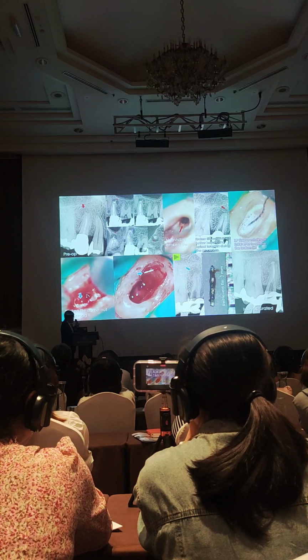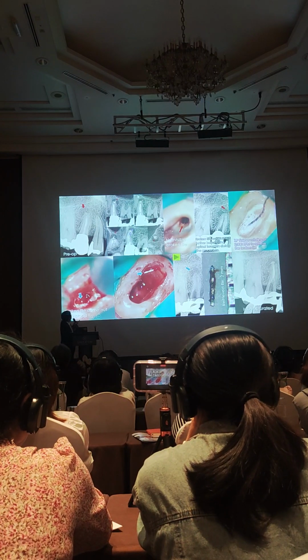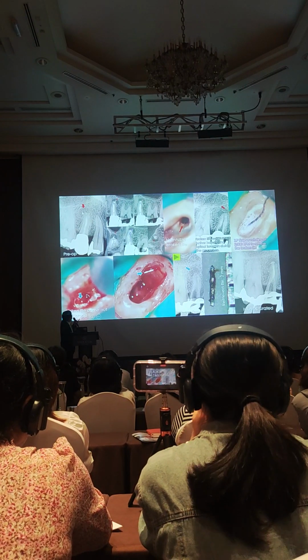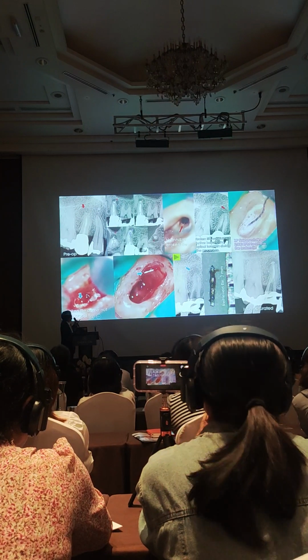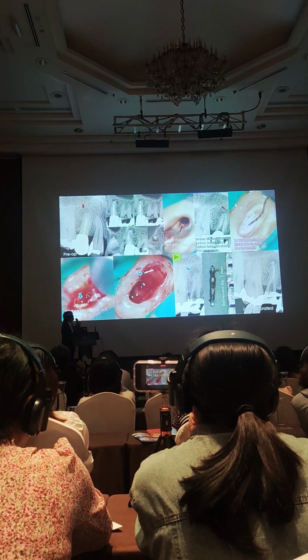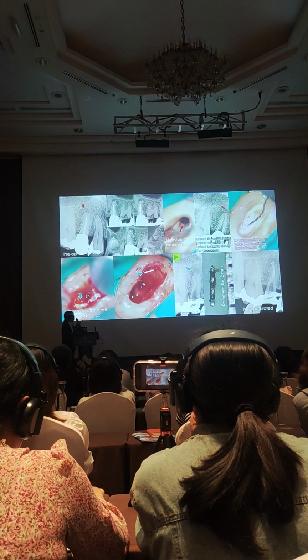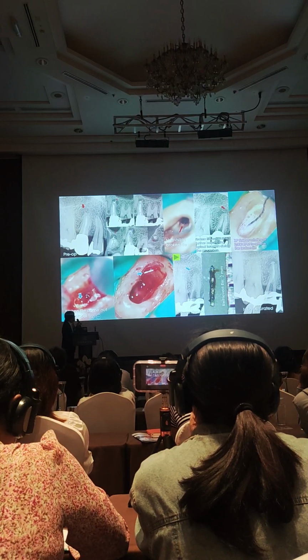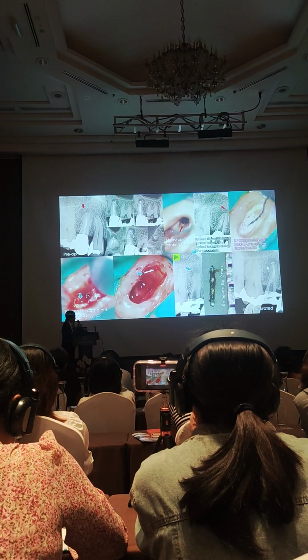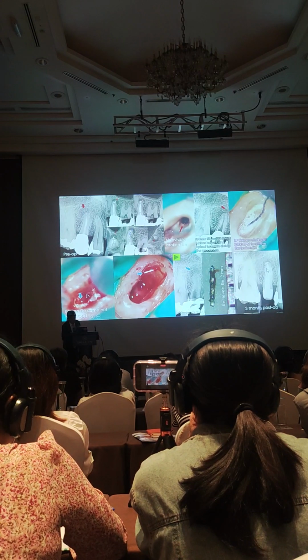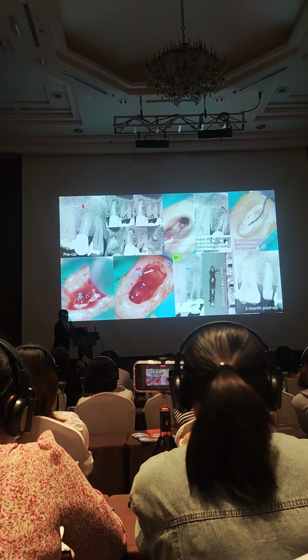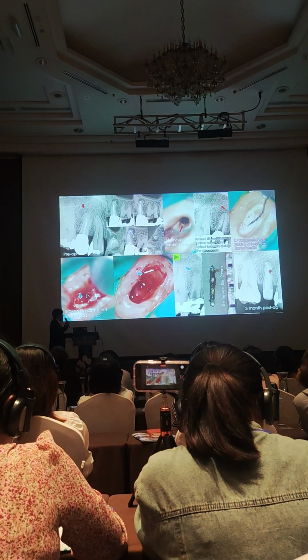You see this is the broken instrument. It's completely outside the root canal. I took it out from the periapical tissues, then I obturated the canal. And this is 3 months, already showing nice periapical healing.